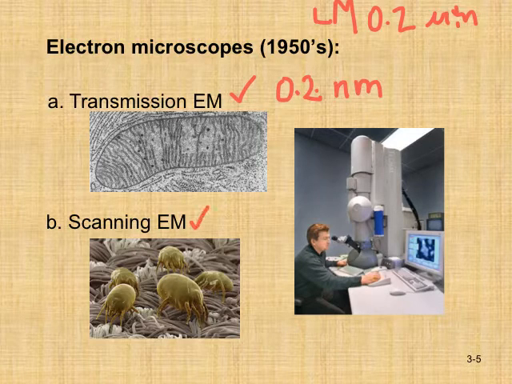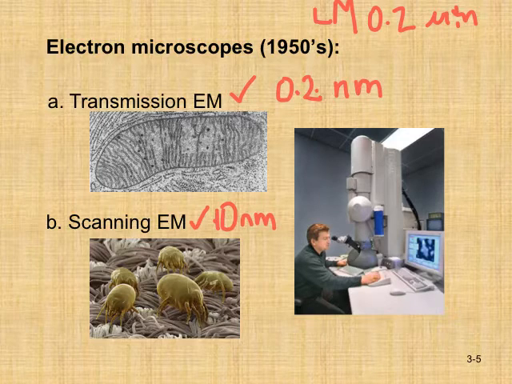And then with the scanning electron microscope, it's not quite as good. Here we're scanning beams of electrons across the outside of a specimen to see more of the 3D structure of it. And you can see points that are about 10 nanometers apart.